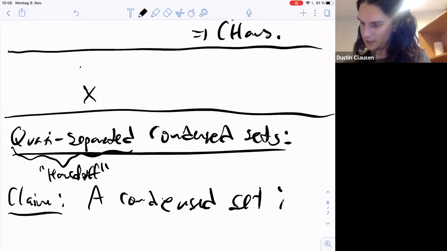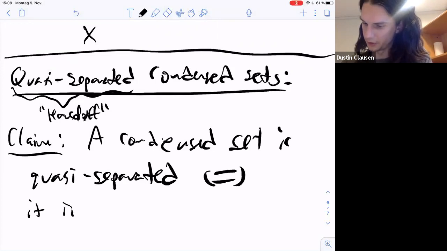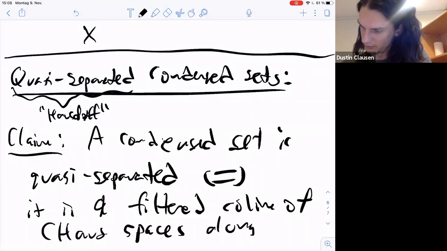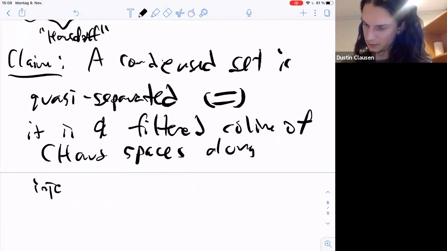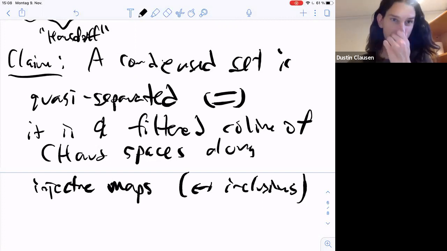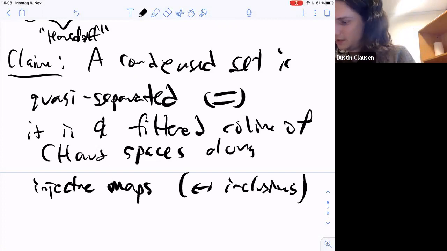So a condensed set is quasi-separated if and only if it is a filtered colimit of compact Hausdorff spaces along inclusions, injective maps, which correspond to closed inclusions. Well, I don't have to say closed because a map of compact Hausdorff spaces is always closed. But maybe I'll put it anyway for emphasis.